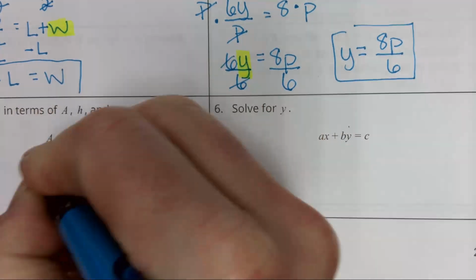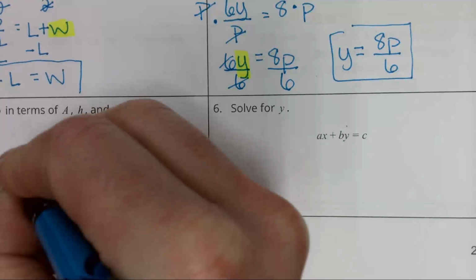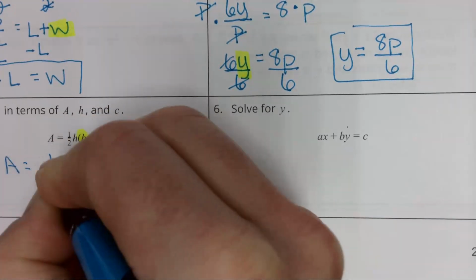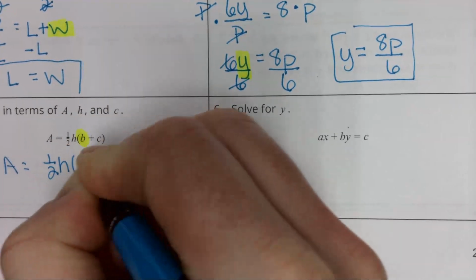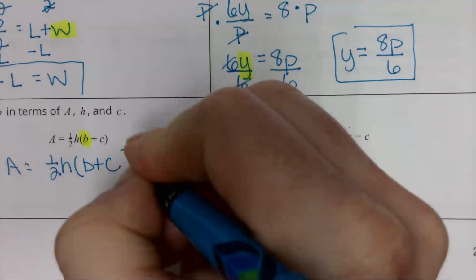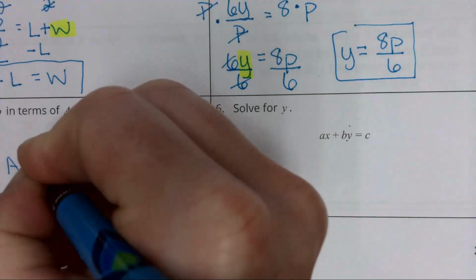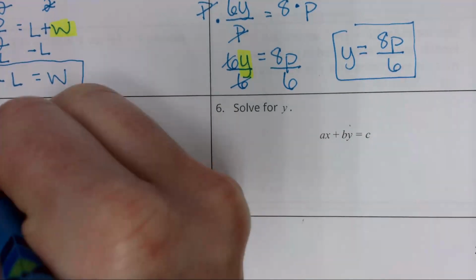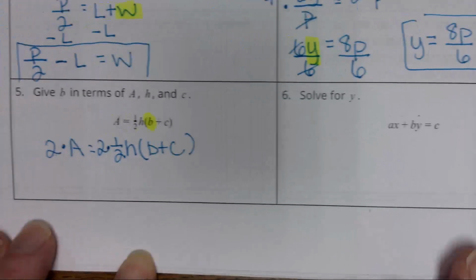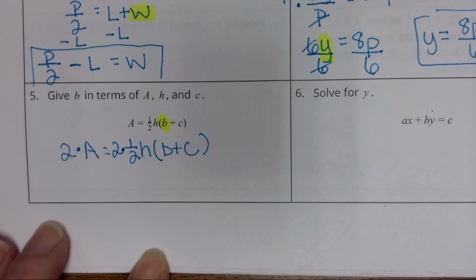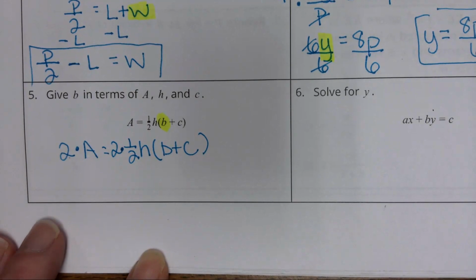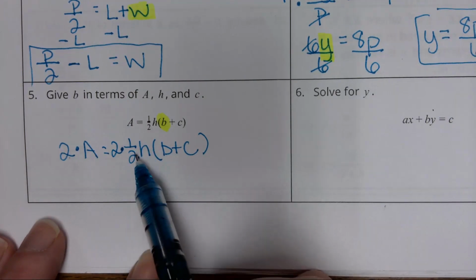I'm going to rewrite over here because there's not enough space. I'm going to leave some space. So I'm going to multiply by 2, and then I'm going to multiply this side by 2. The 2 times 1/2 cancels over here.